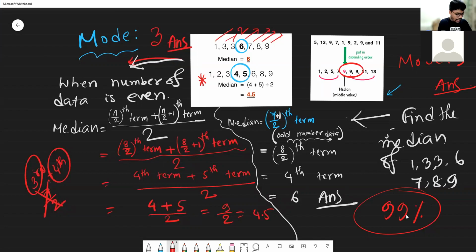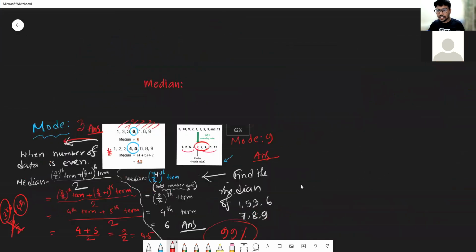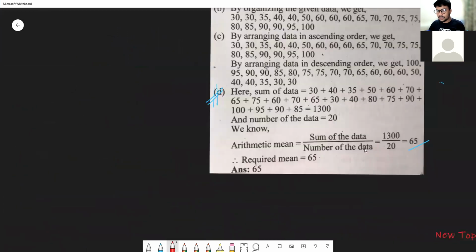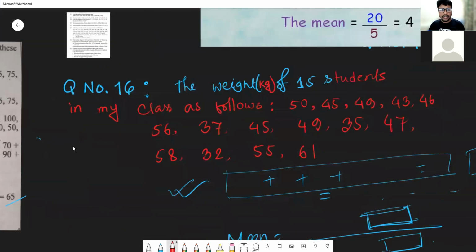Clear? Okay. Now I will give you 2 maths as homework from your academic book. Just give attention now. Already we have discussed it here.